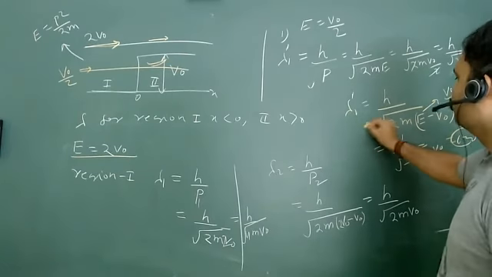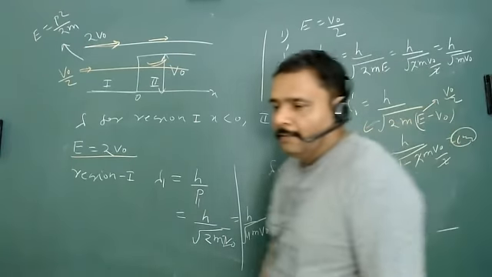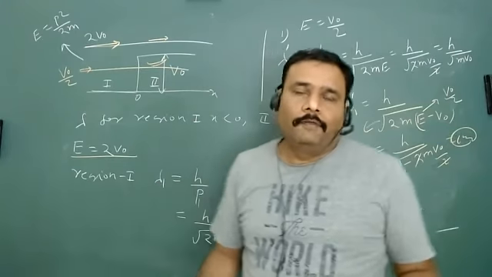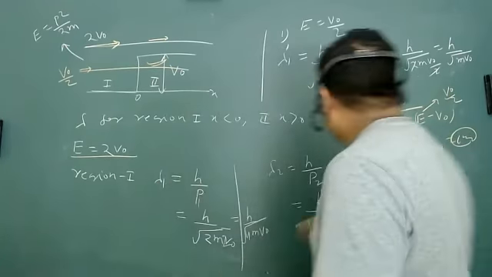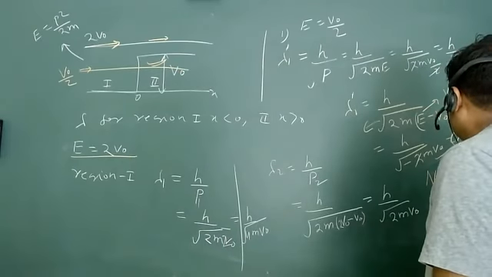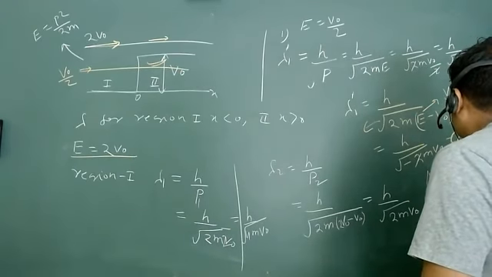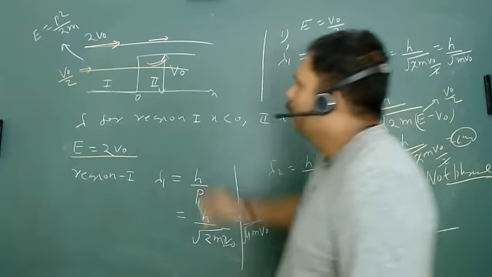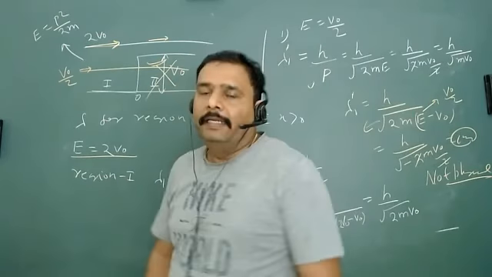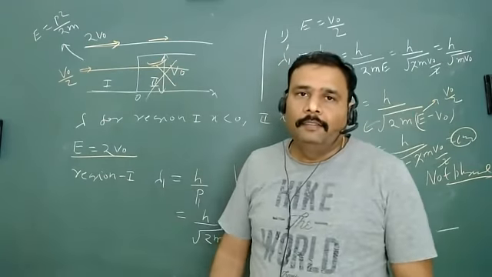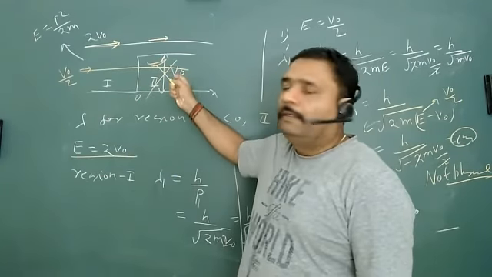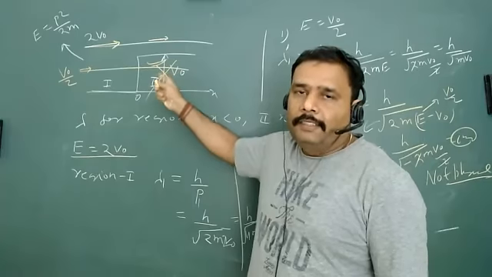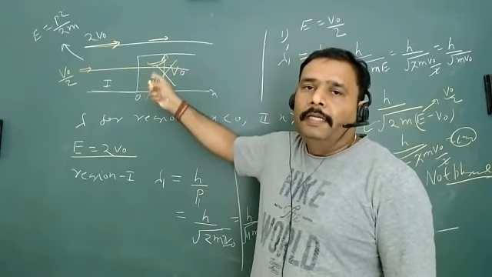So obviously this momentum itself is imaginary. The significance of an imaginary wavelength is not physical. So here we cannot find the de Broglie wavelength, and this is not a classically allowed region because momentum is imaginary.